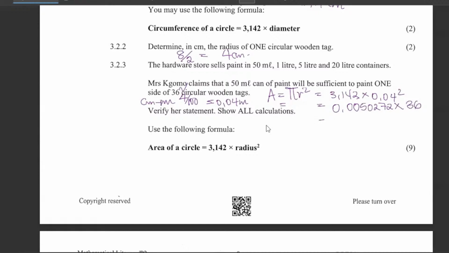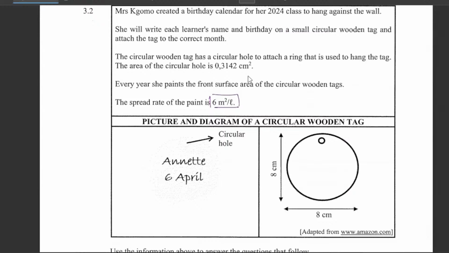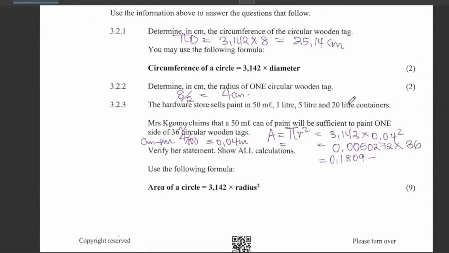So we have the area to be 0, comma. But remember, there's a certain part, the hole, that is not going to be painted. We need to subtract the area of the hole, this one here. We need to subtract that one there. So whereby we shall subtract.